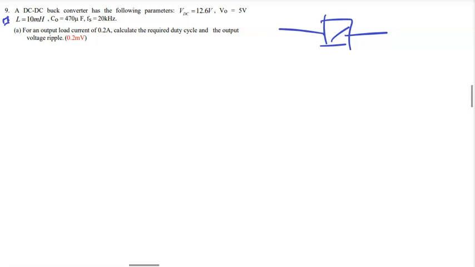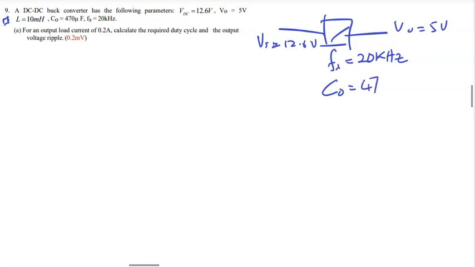So write down all your input or the data. We have a source of 12.6 volt, V out of 5 volt, then a switching frequency of 20 kilohertz, and we have a capacitor provided of 470 microfarad.